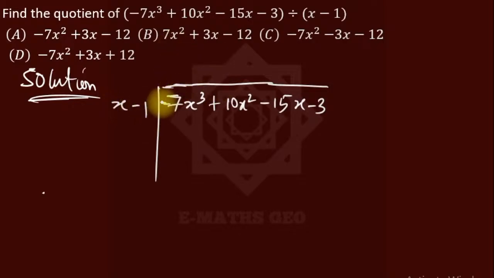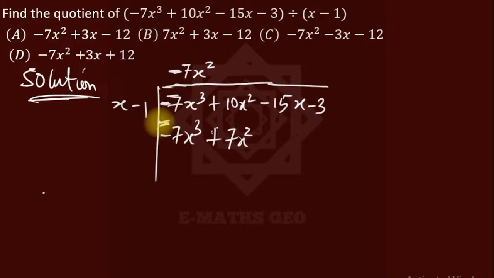So we divide minus 7x cubed by x. We get minus 7x squared. We now multiply. So minus 7x times x, I have minus 7x cubed; minus 7x squared times minus 1, that should be plus 7x squared.